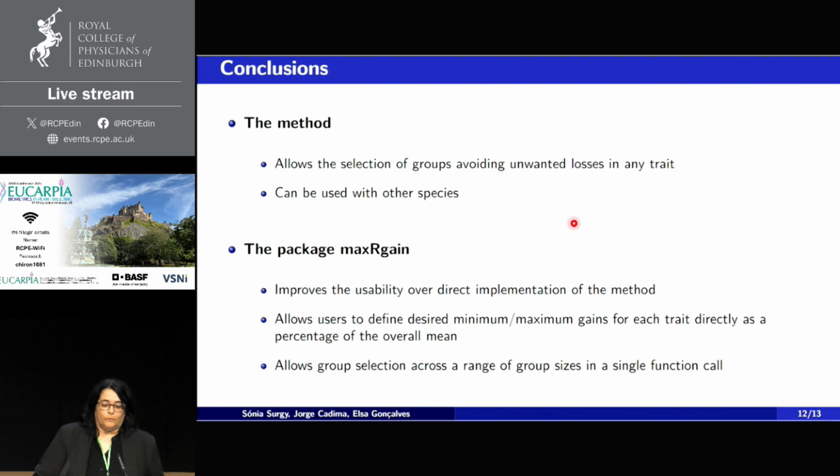So, to conclude, this method really enables the selection of genotype groups for several traits simultaneously in a multi-trait scenario, and controlling the gains, not only avoiding the losses, but really controlling the gains desired for each trait.